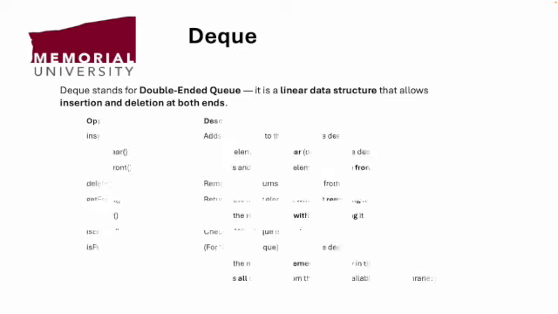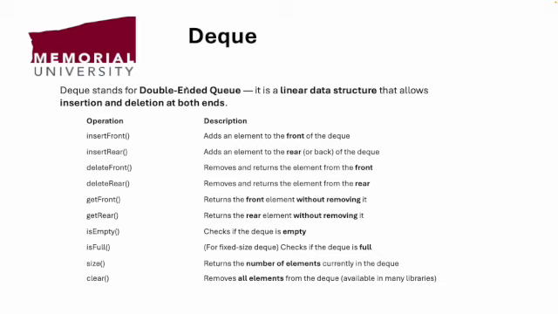So these are the basic operations. Insert front: add elements to the front of the Deque. Insert rear: add elements to the rear of the Deque. Delete front: remove and return the element from the front. Delete rear: remove and return the element from the rear. Get front: return the front element without removing it.